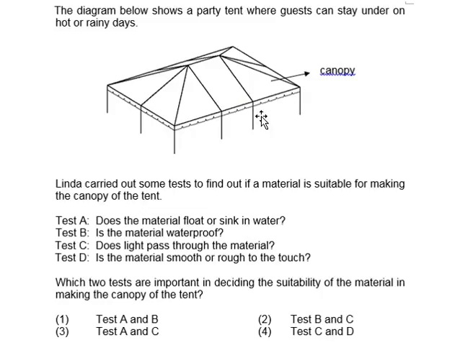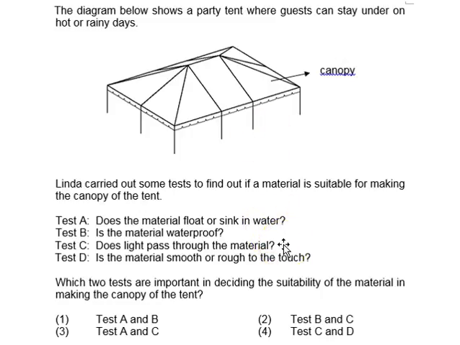It is not necessary for the canopy to be subjected to this test. Let's look at test B. Is the material waterproof? Definitely, this is important because the reason why we have a tent is to protect the guests from rain, and for it to protect the guests from rain, it has to be waterproof.